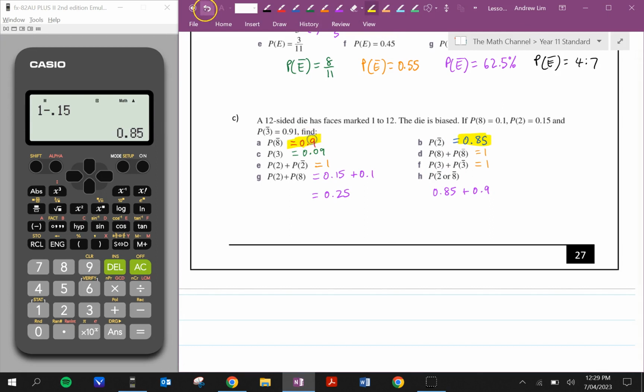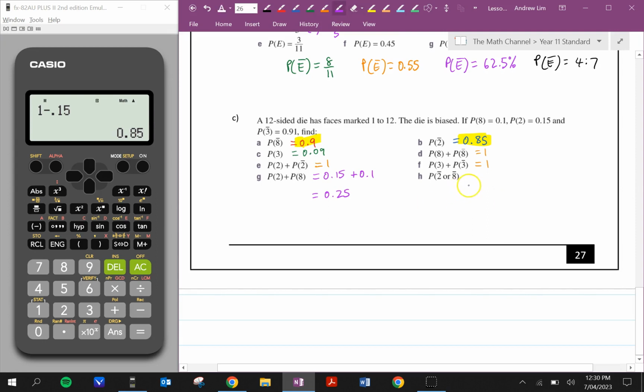The problem with that is when we add them together, that's going to give us 1.75, which is bigger than 1. It's not possible for us to have a probability greater than 1. So that's actually not the right thing to do.